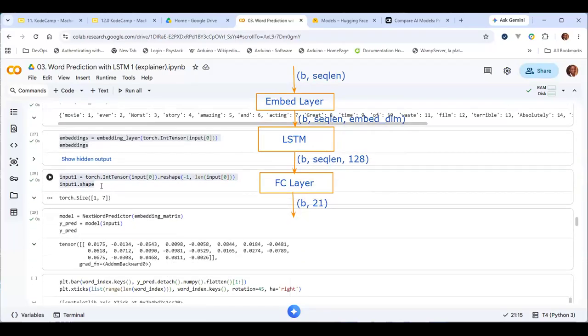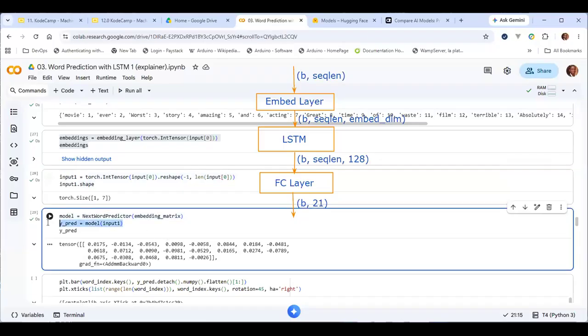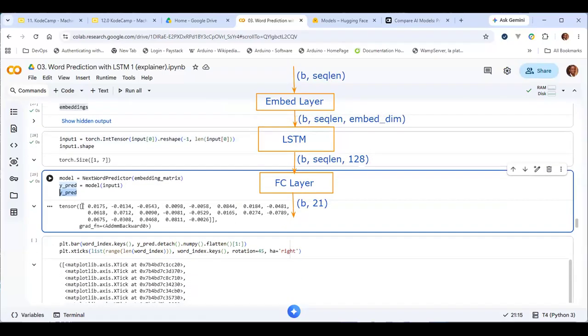And so we would take this input 1 and pass it into the model. We have reshaped it to have a two-dimensional size, and it does a prediction. Remember, our output is a 21 output. So you see 21 outputs here: 1, 2, 3, up to 21.